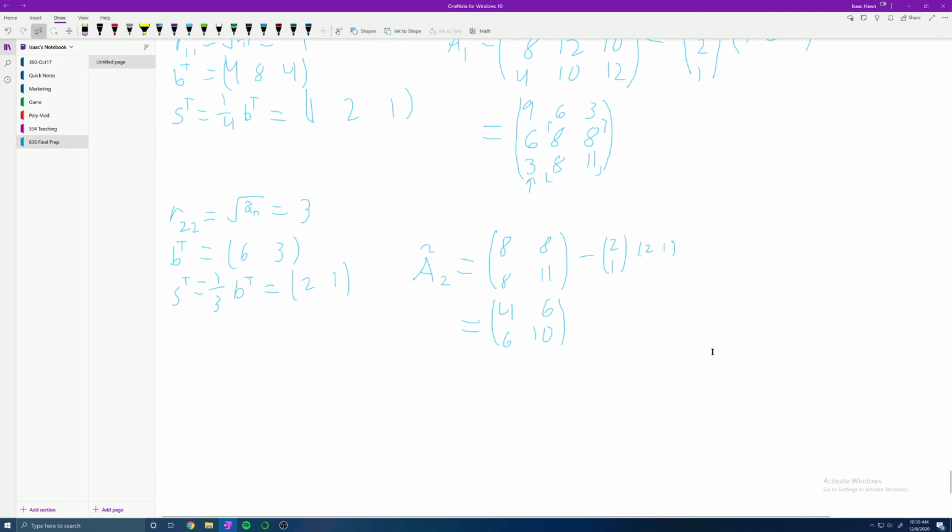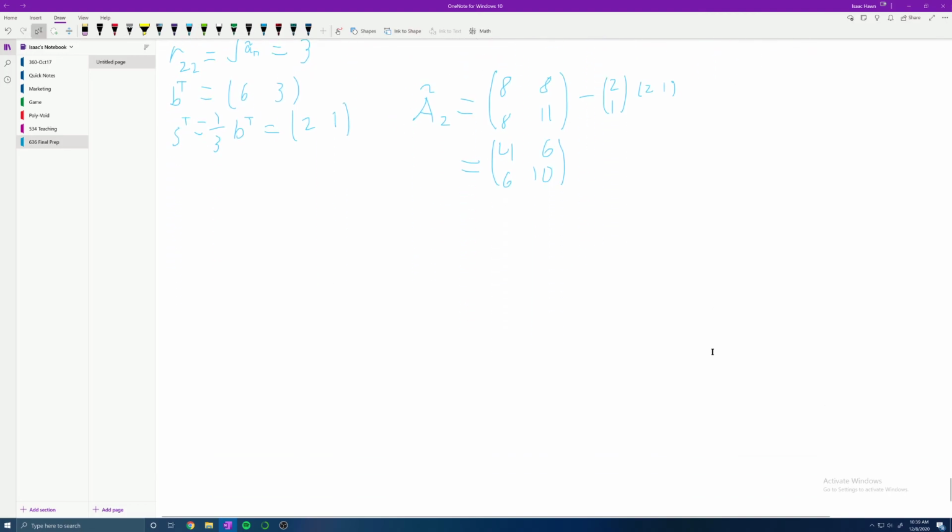Okay, so we have A2. So let's do the next thing. R33 equals square root of 4, which is 2. B transpose equals 6, the 1 by 1 matrix 6. S transpose equals 1 over 2 times B transpose, which is 3, the matrix 3.